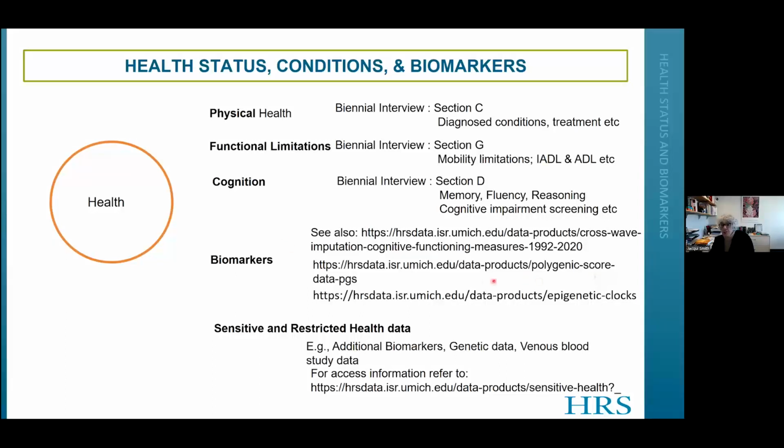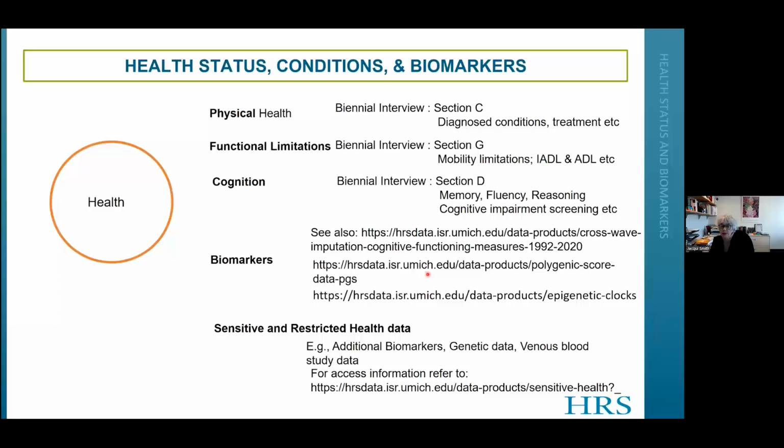There are polygenic risk scores that are also in the public data for many different aspects, longevity, cognitive functioning, these sorts of things. So you don't have to register with dbGaP to get the particular genetic SNPs. So you could use these polygenic risk scores.